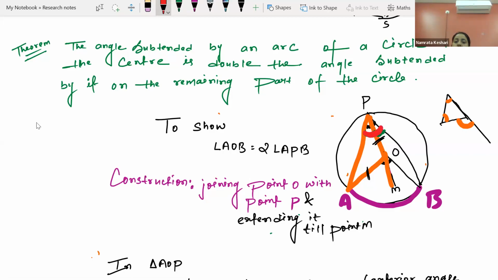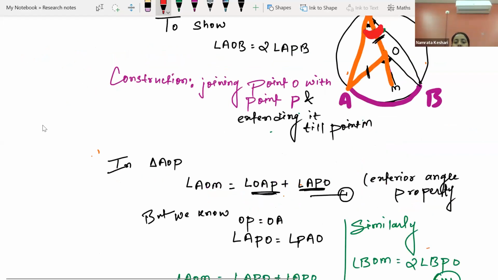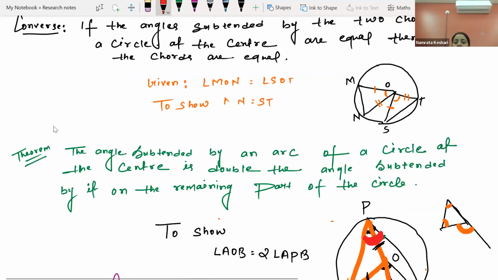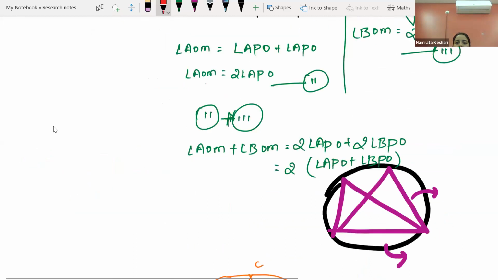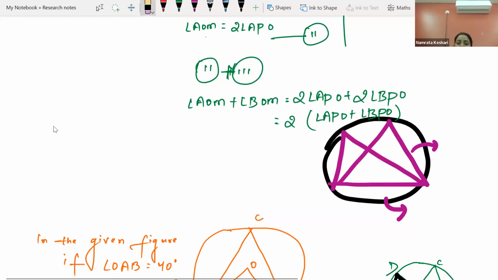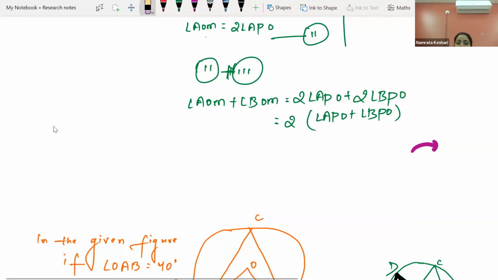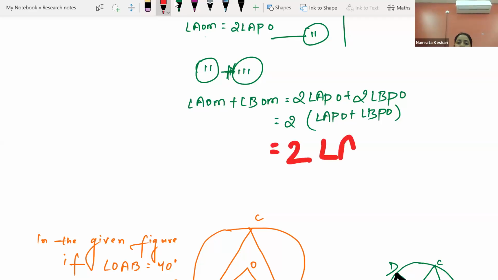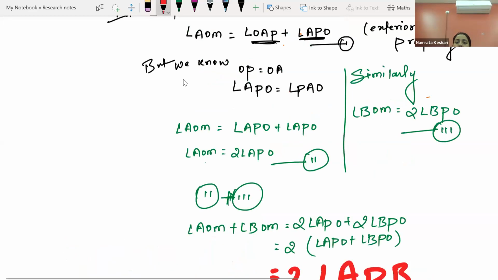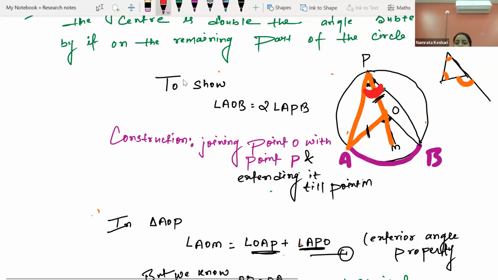That is nothing but angle APB. Yes or no? Okay, we can write it as 2 times angle APB. And the other one, AOM plus BOM, क्या हम इसे लिख सकते हैं?